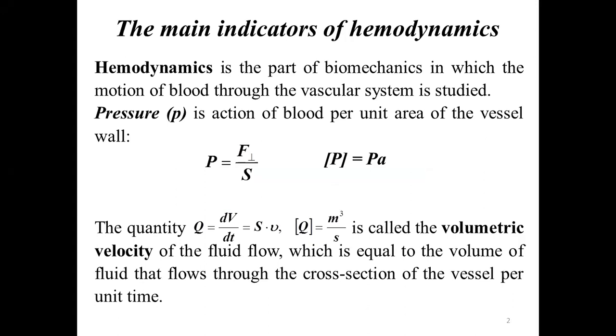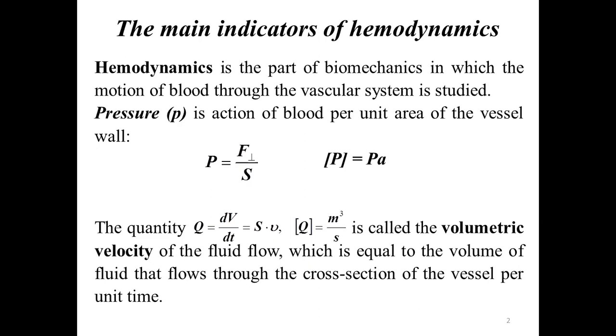physical characteristic for hemodynamics is pressure, which we define as action of blood per unit area of the vessel wall, and use this formula for its definition.